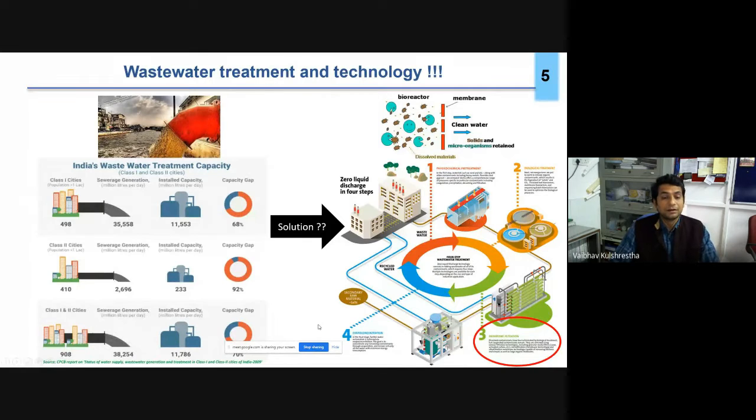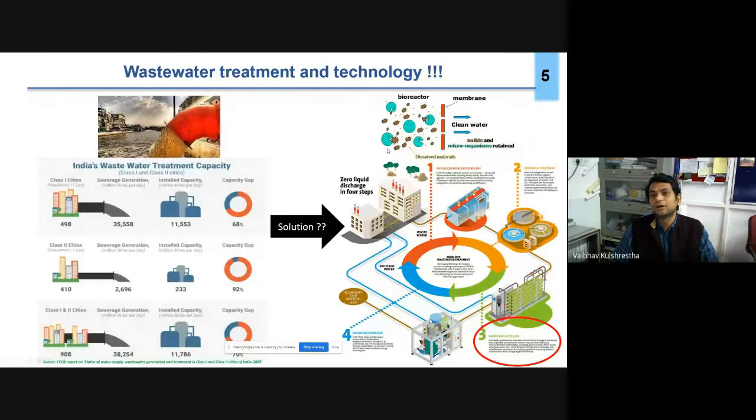So around 70% of water is going to waste and creating problems for the environment. The solution is zero liquid discharge.